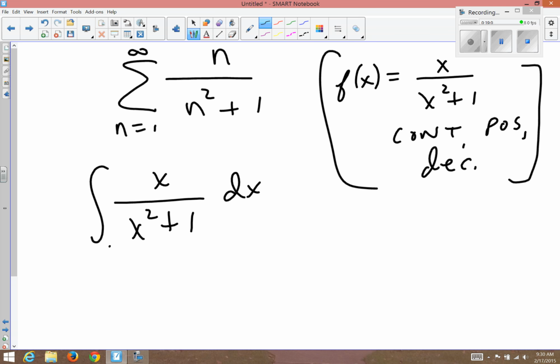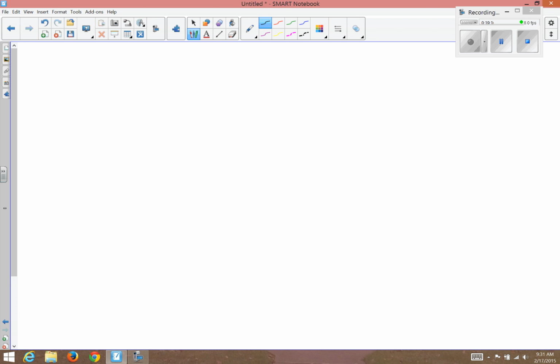Dx, 1 to infinity. We're going to let... actually this is the example we just did, so let's start over. This is the one, sigma n over e to the n, from 1 to infinity.